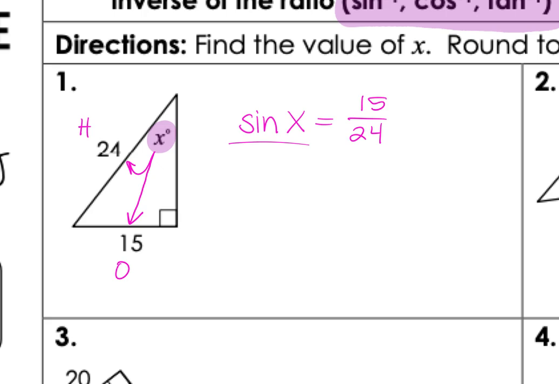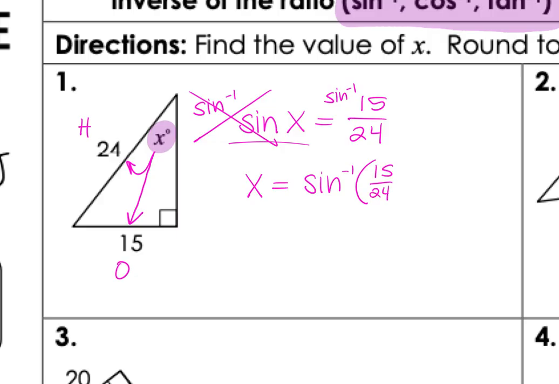What you're actually doing there is you're taking the inverse of sine on both sides to get rid of that thing, right? The opposite of taking the sine of something is taking the inverse of that thing. So what you're doing is you're saying x equals, now this has to go out in front, the inverse sine of that ratio.